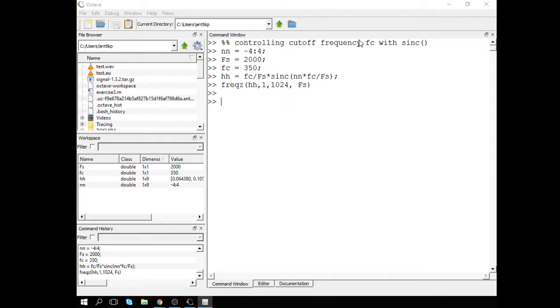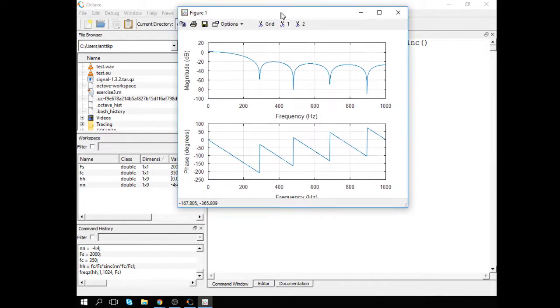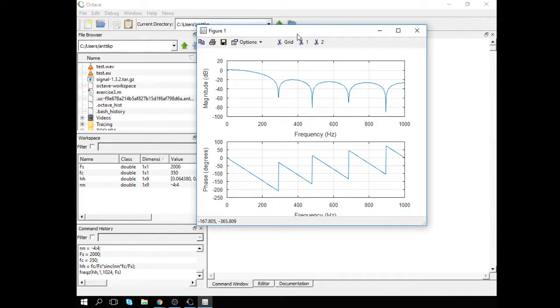I got it. I think that I got the cutoff frequency on the wrong place. Yeah, it's half what it should be, right? My cutoff frequency should be down there.